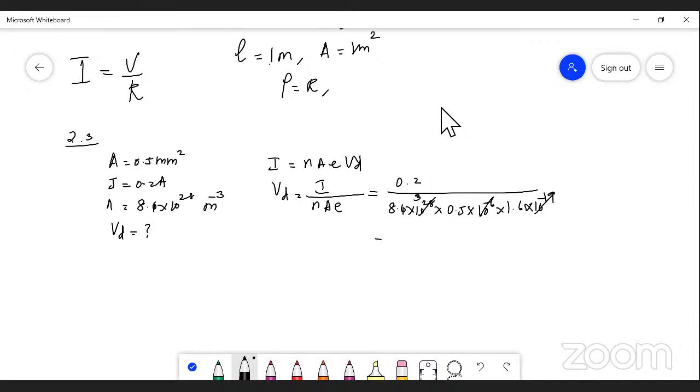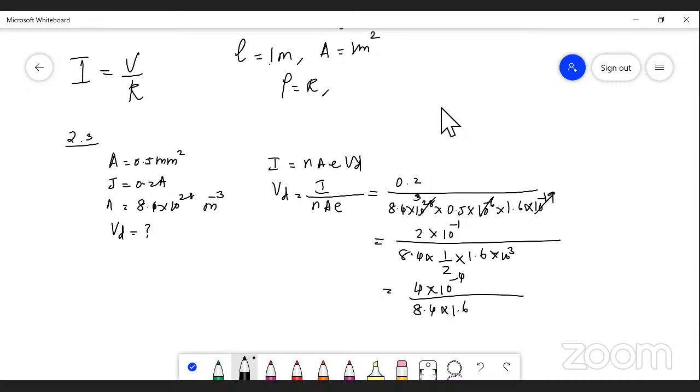We can write 2 into 10 power minus 1 divided by 8.4 into 0.5, taken as 1 by 2 for simplicity, and 1.6. Taking the 2 to the numerator, and 10 power 3 to the numerator as well, I can write 4 into 10 power minus 4 divided by 8.4 into 1.6.